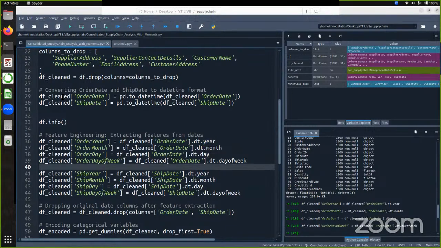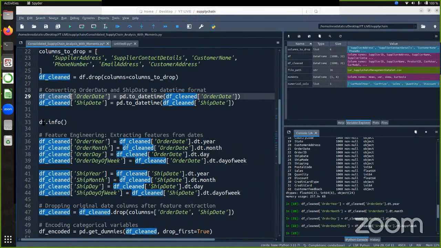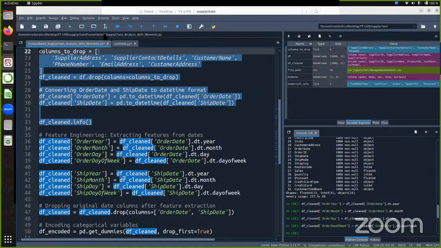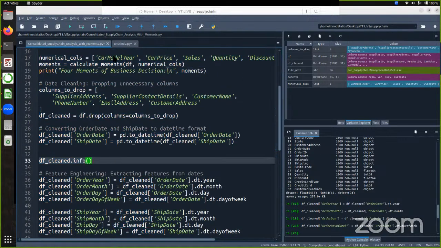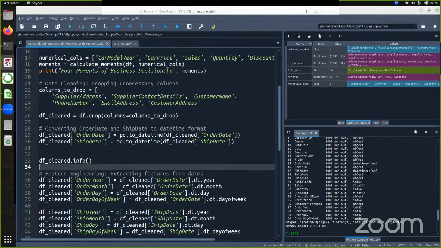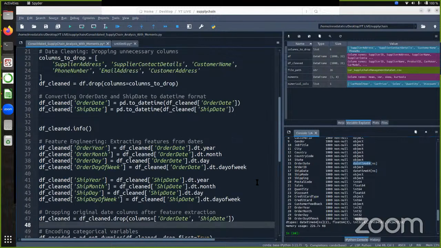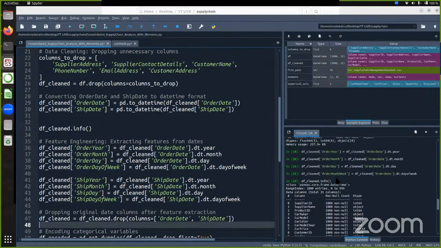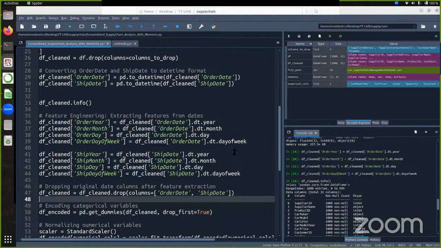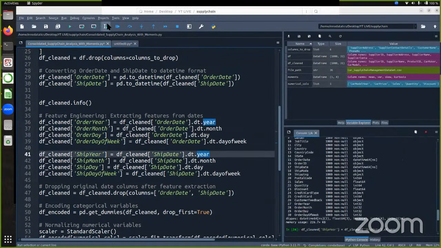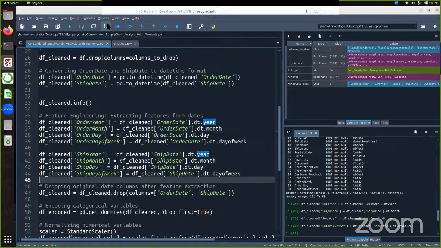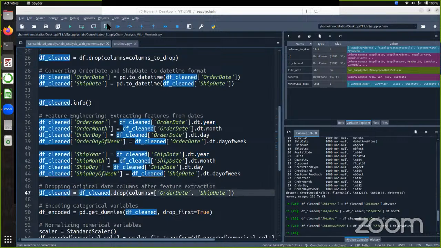If you run this on the second copy of the dataset and check the info, you will see that it has changed from object to datetime. Here we have converted all of this into our year, month, and date. Once we have done that, we can drop the original columns because we already have the necessary information.